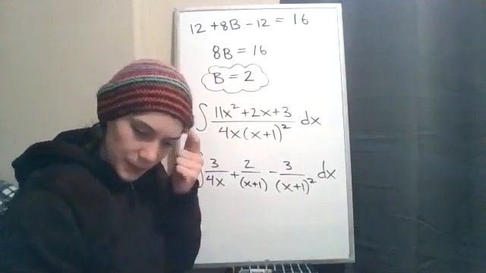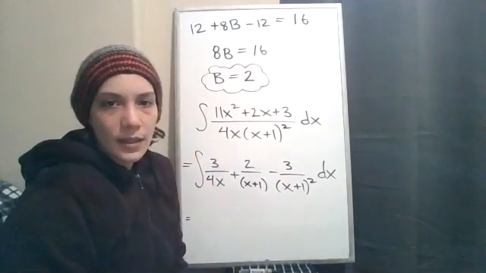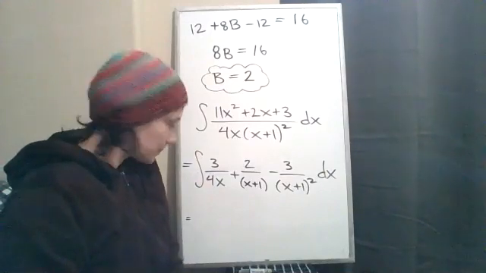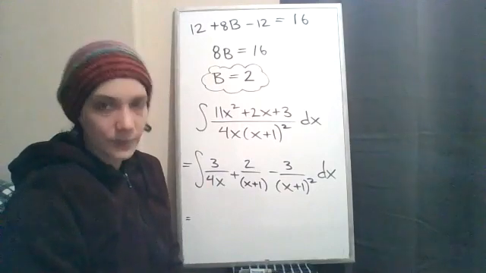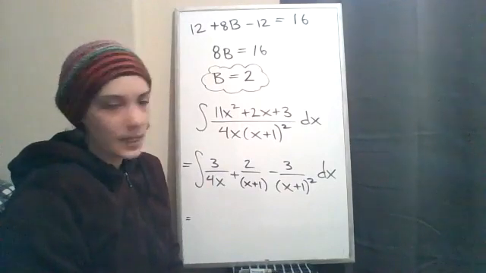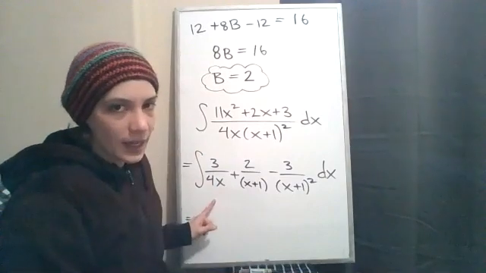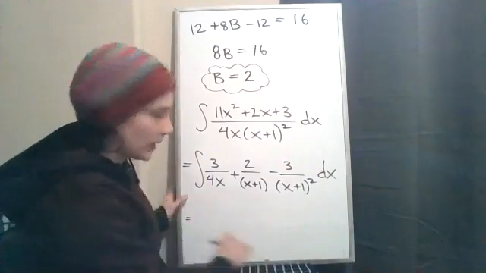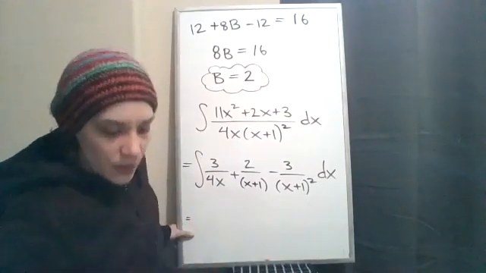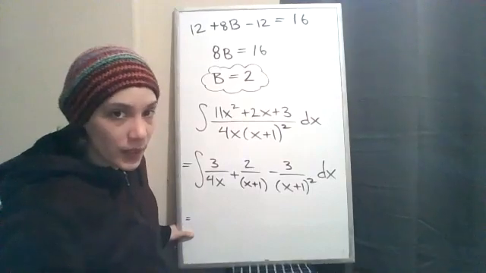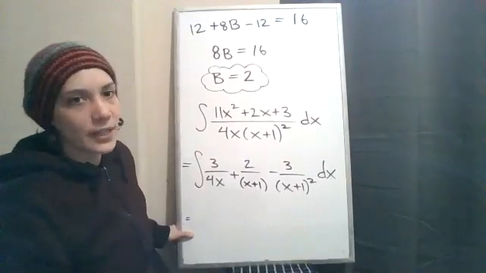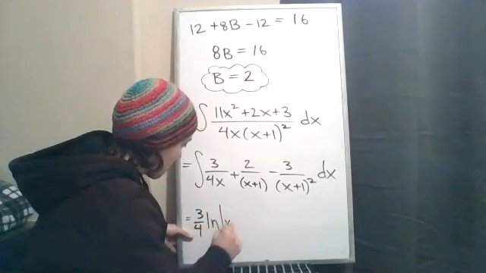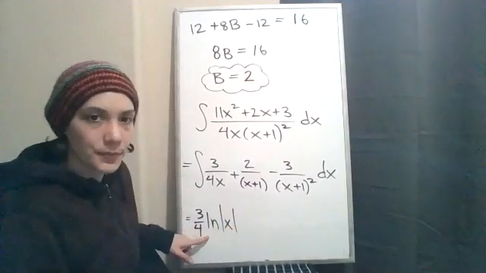So let's write the answer down, and then maybe next time we'll come back and do a bit of scratch work together. But we'll wrap it up and then come back later to explain what happened. So you will get 3/4 ln absolute value of x, right there.